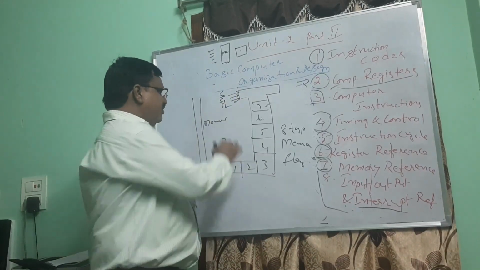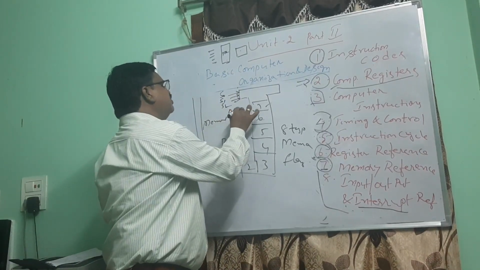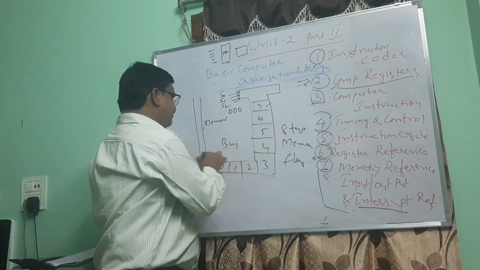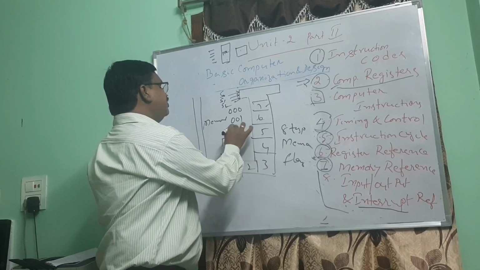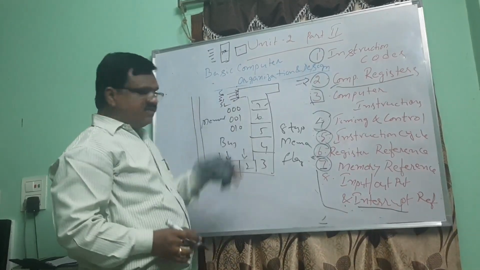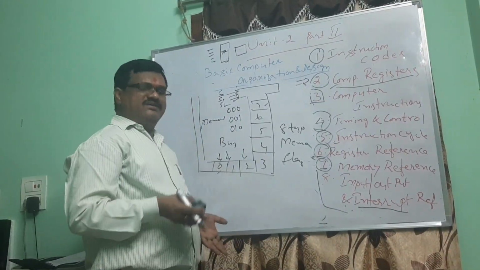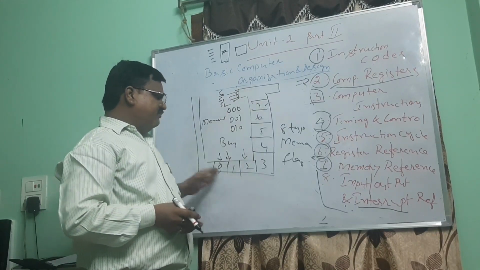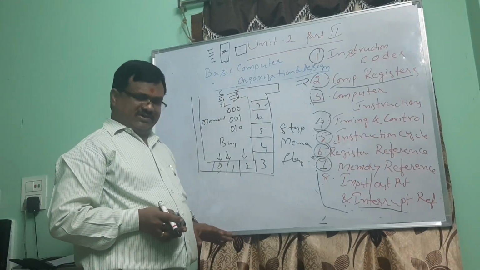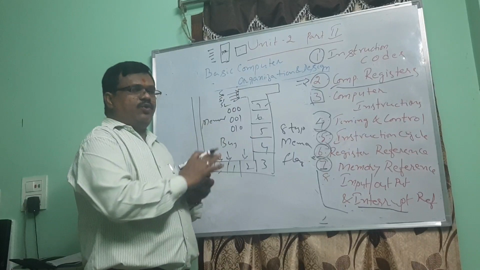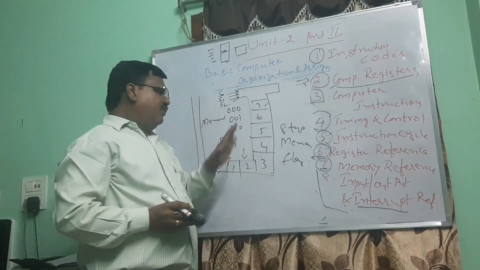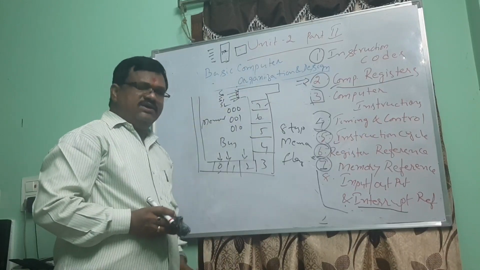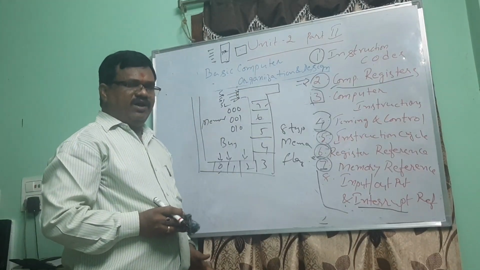Whenever S2, S1, S0 is 0, 0, 0, the first one will be activated, and if it is 0, 0, 1, this one will be activated. If it is 0, 1, 0, like this, based on the values we send on the select lines, the bus will be connected with any of these registers. How we organize all these registers with the components of the computer with the help of the bus, we will check in this unit.